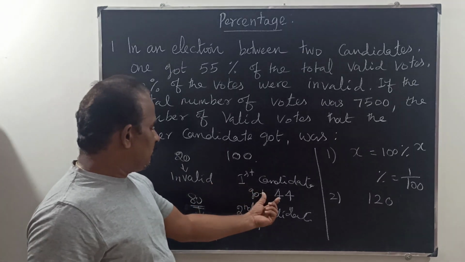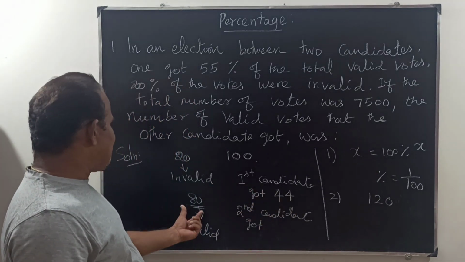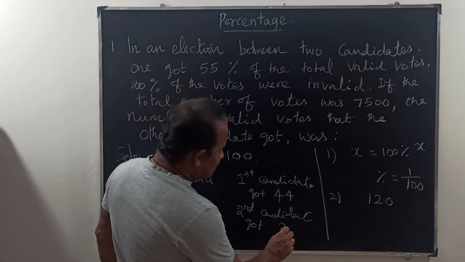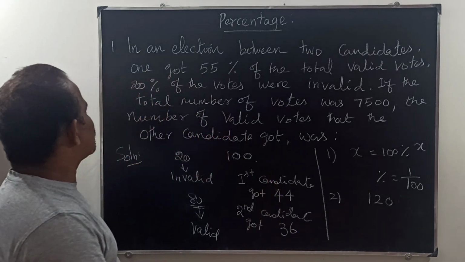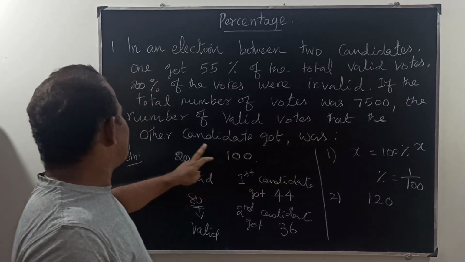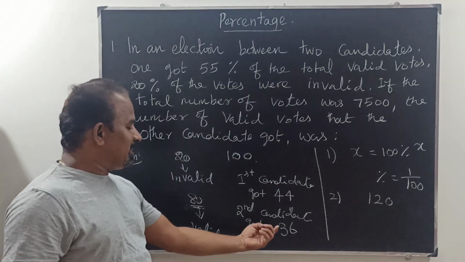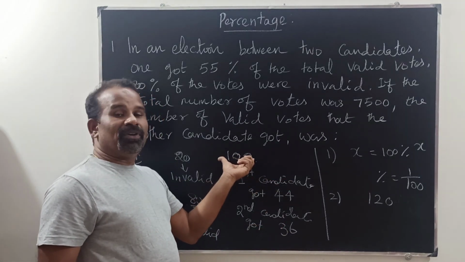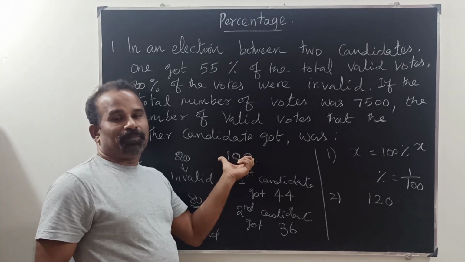The first candidate got 44. So the second candidate is 80 minus 44, therefore 36 votes. So the number of valid votes that the other candidate got was 36 for the total votes 100.